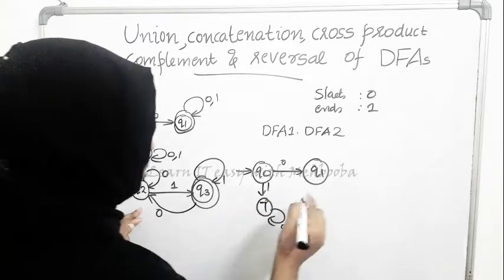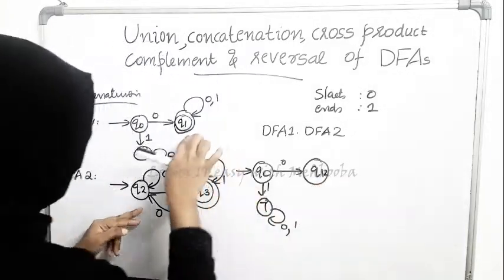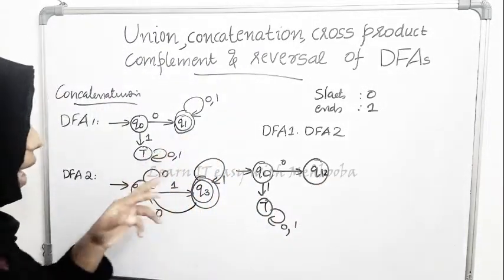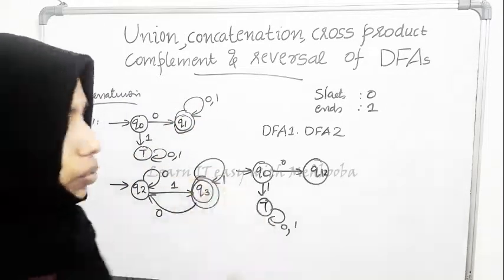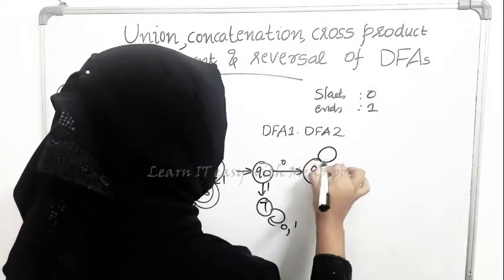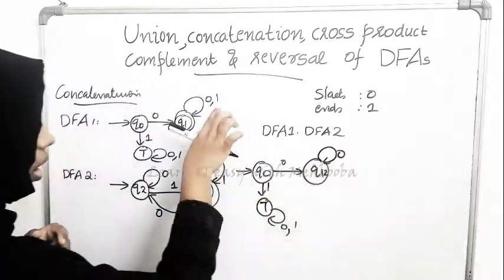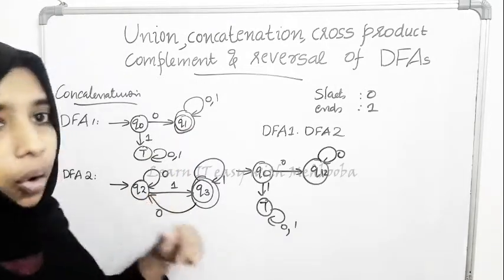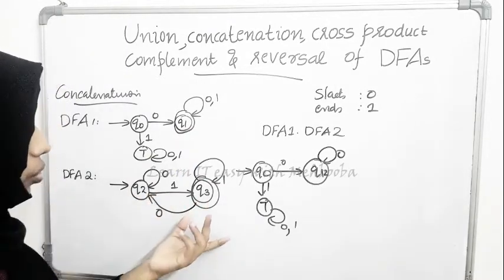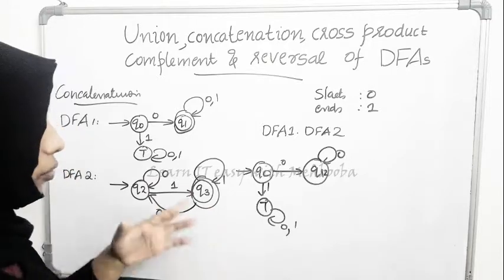So Q12 is the merged state because we are merging these two. Now both of them have a self loop on 0, so you can copy the self loop, but you can't copy this one because this DFA has another transition on 1 to Q3. So when you are merging that, you have to take note of this.